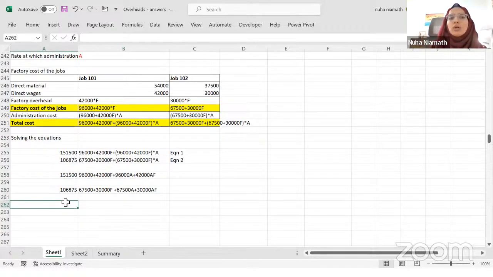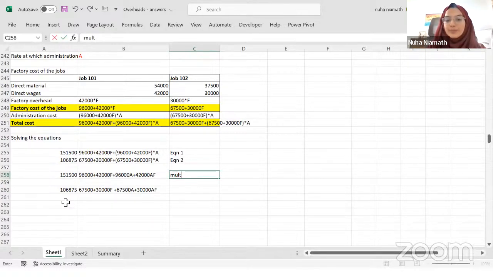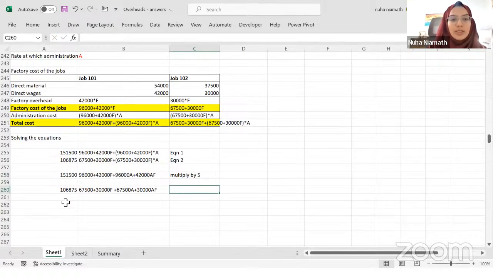So now the solution to this is we can multiply our equation 1 by 5 and we can multiply equation 2 by 7, right?